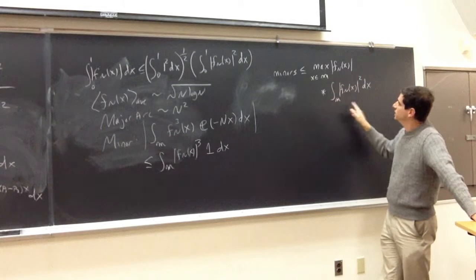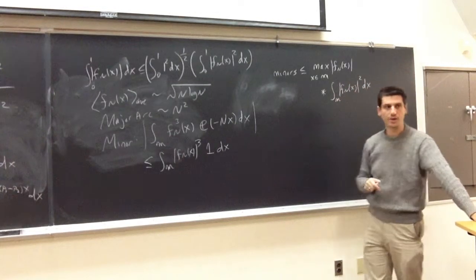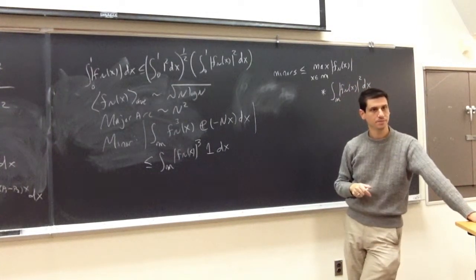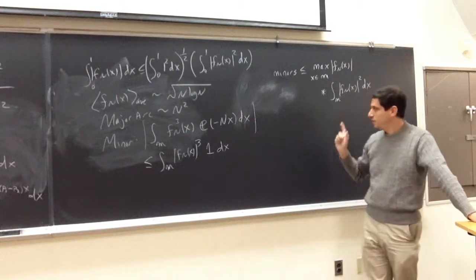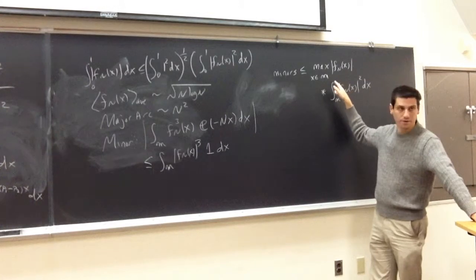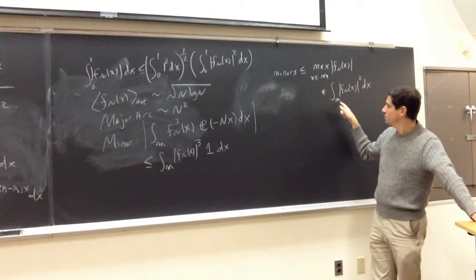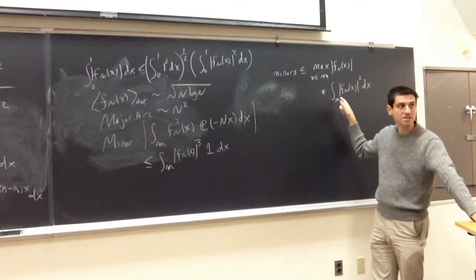What size am I going to get for this integral over the minor arcs? At most n log n. It would be n log n if I integrated from all of 0 to 1. I'm integrating over the minor arcs, and if I extend this to 0 to 1, I'm only making things larger.